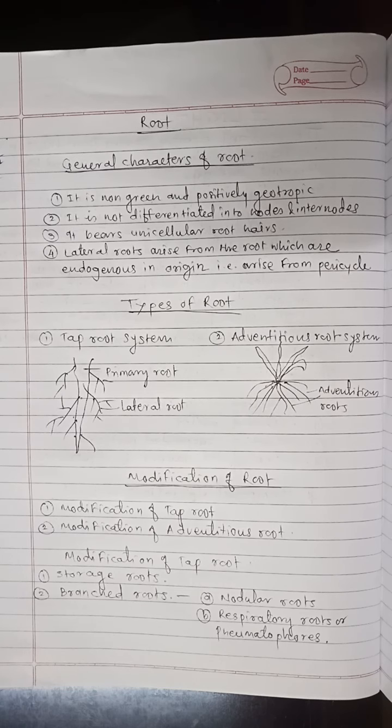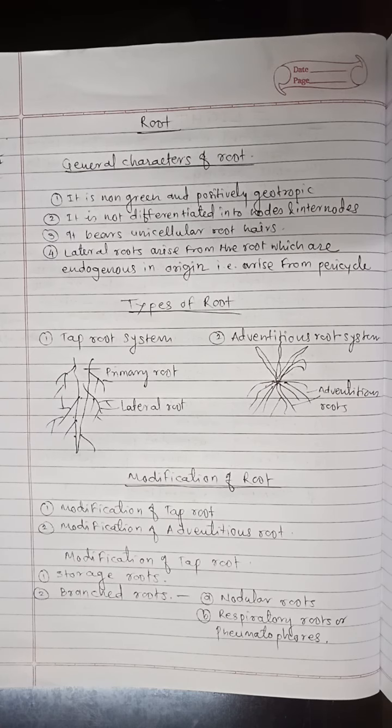The radicle develops into a primary root which grows vertically downwards and becomes the taproot. The taproot is the true root that produces many lateral roots below the soil which grow obliquely. The branches of the main taproot are called secondary roots.